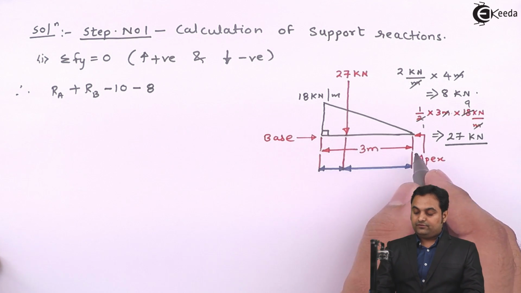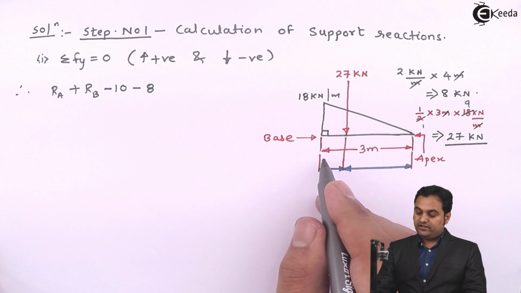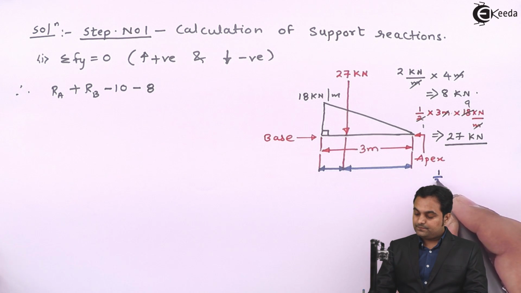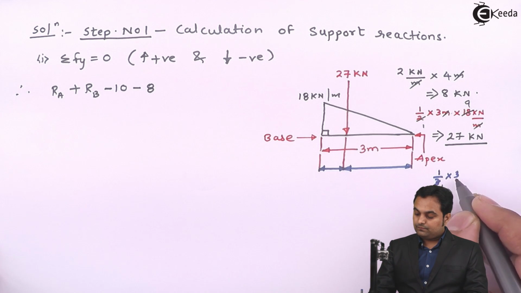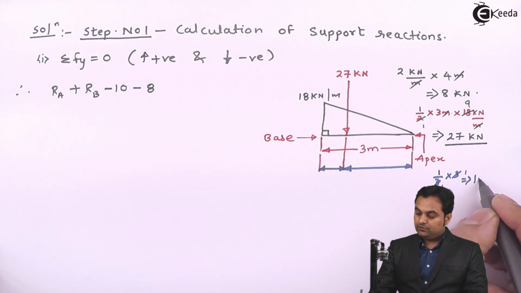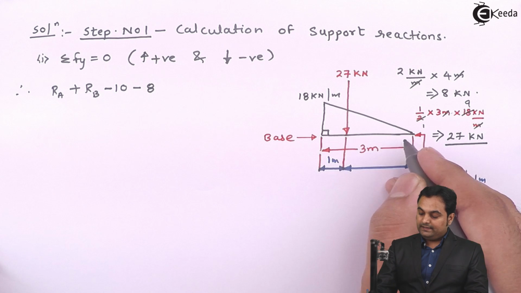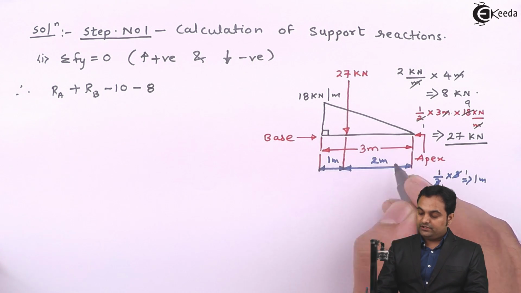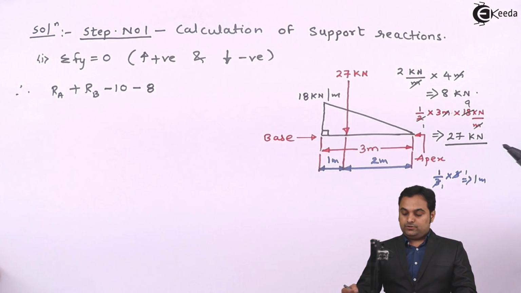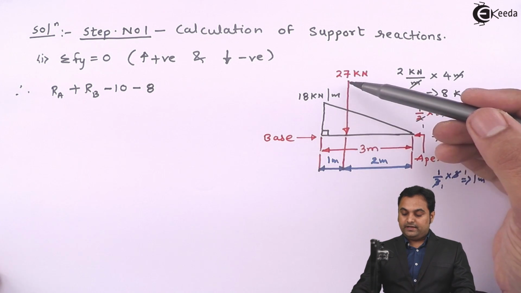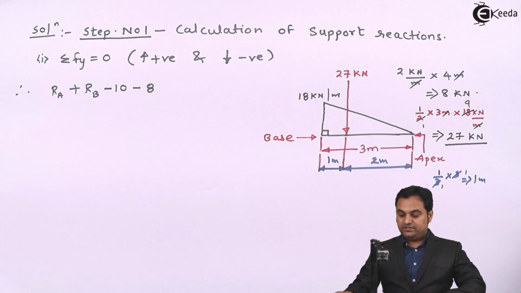So 1/3 of this base, which will give me the value as 1 meter. So it is 1 meter from the base and 2/3 means it is 2 meter from the apex. So here is the UVL located. I am having the value of minus 27 kilonewton.